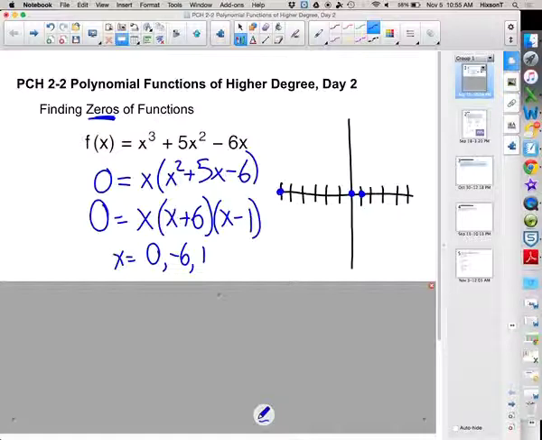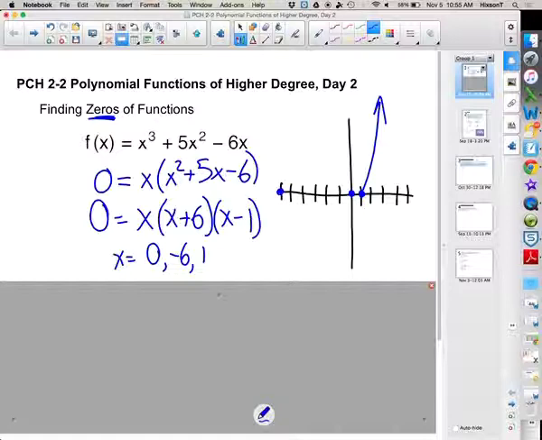Okay? Now let's think about what we did yesterday. What's our end behavior? What are we going to be doing on the right-hand side of this? It's going up because a is positive. We have a positive 1 in front of that x cubed, so I know this is going to be going up.